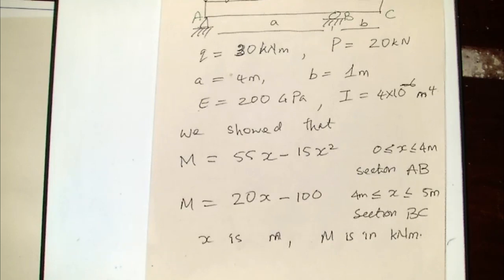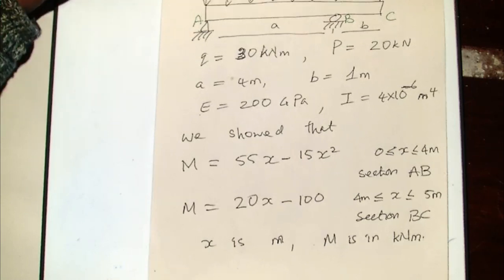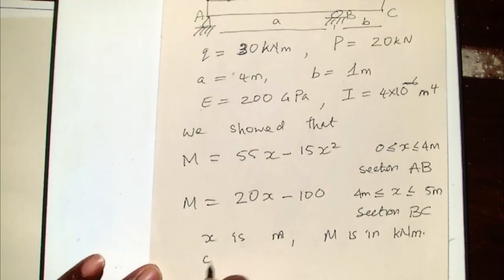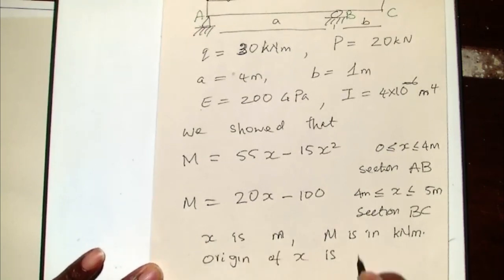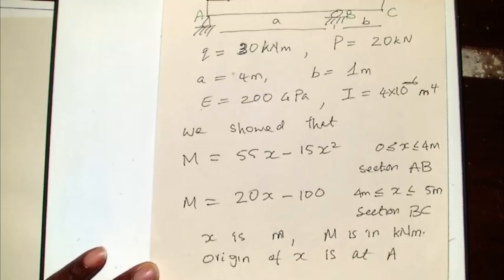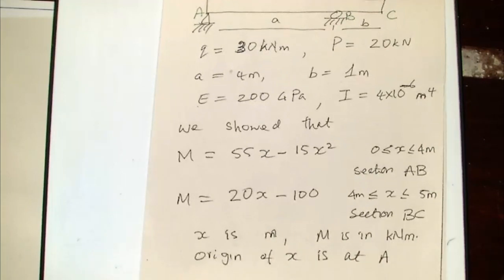So now we want to find the magnitude of the deflection. So that's where we're going to start. And x in that case, the origin of x is at location A, so the x origin is on the left-hand side of the beam.